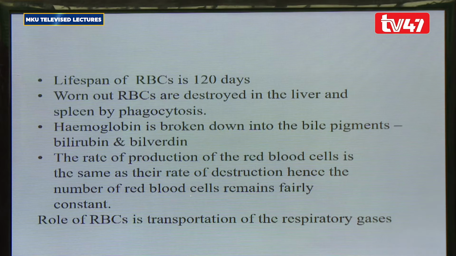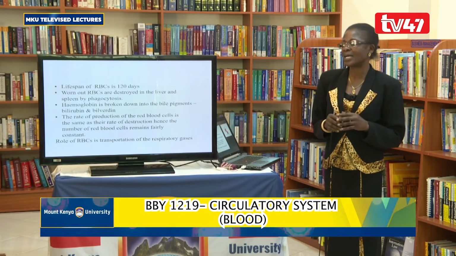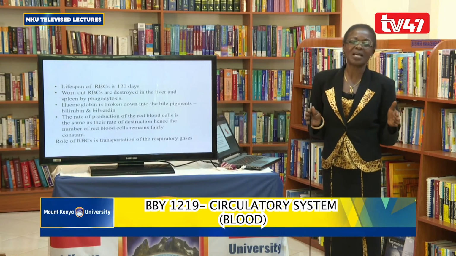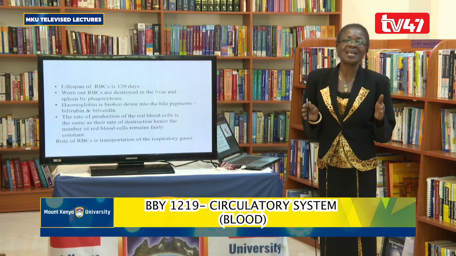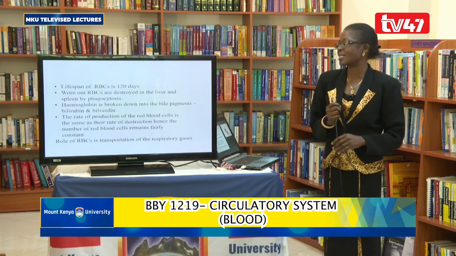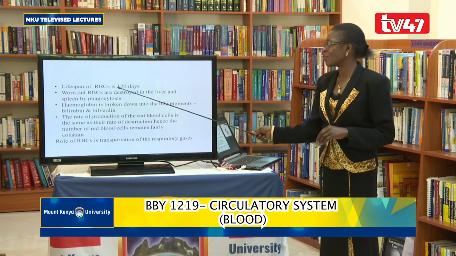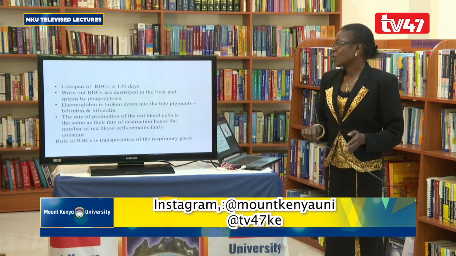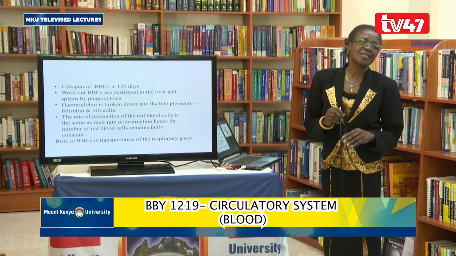So they have a period in which they exist as they carry out their function and activities. That period of time from the formation of the red blood cell to its destruction because it is worn out gives us the lifespan of the red blood cell. So for the red blood cells, we say they have a lifespan of 120 days, after which they are destroyed in the liver and spleen by phagocytosis.